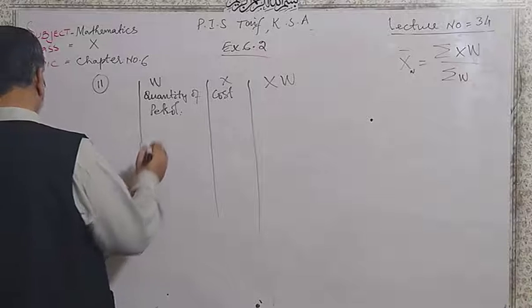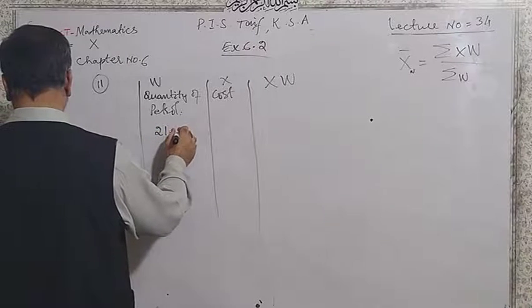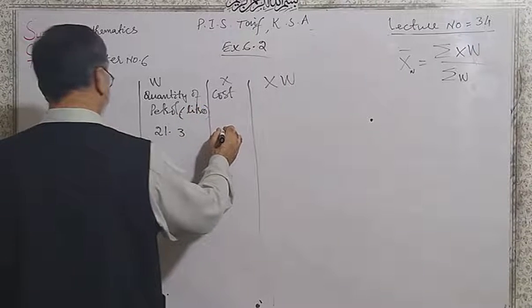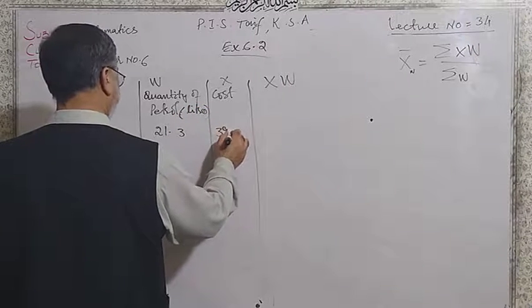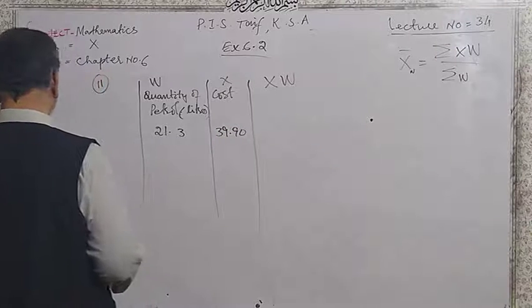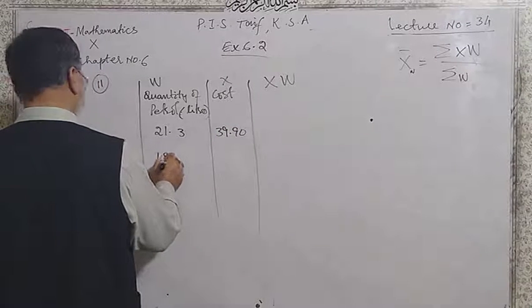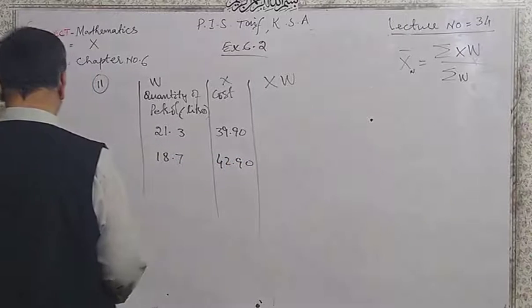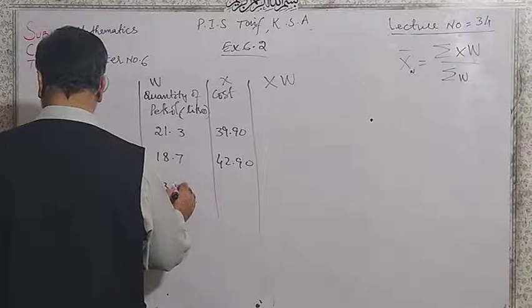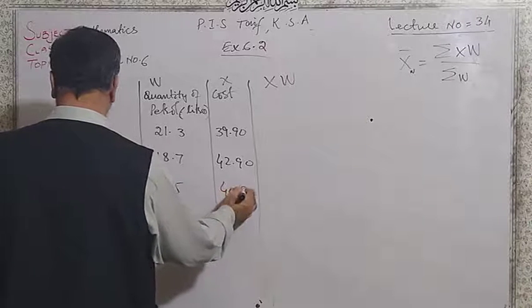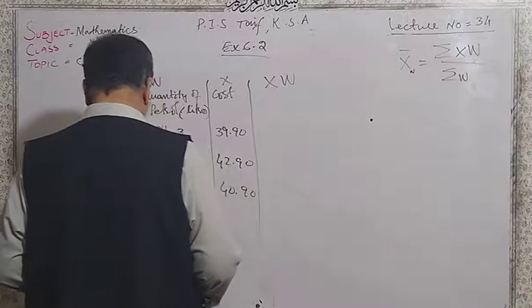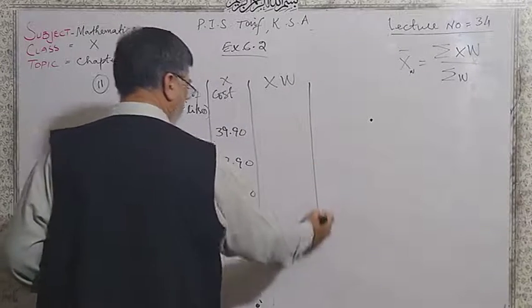So firstly, 21.3 liters was taken and cost was 39.90. Then 18.7 liters, cost was 42.90. Next is 23.5 liters, cost was 40.90. After that, we multiply x and w to find the last column.